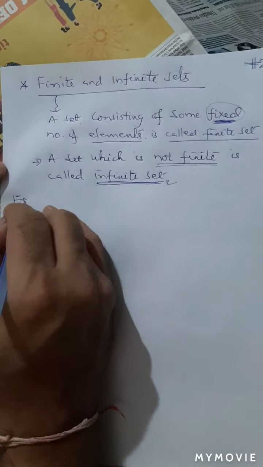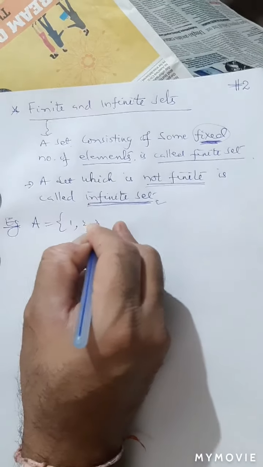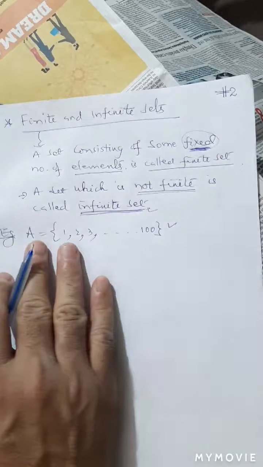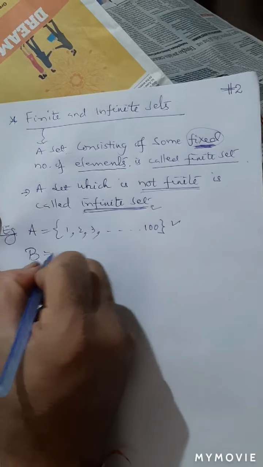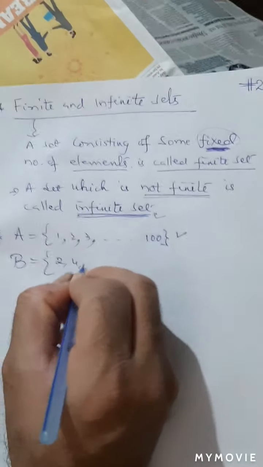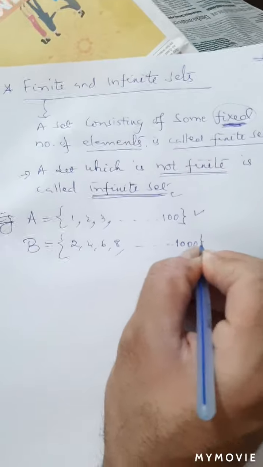For example, if I take A equals 1, 2, 3, and so on up to 100, this is a finite set. If I take B equals 2, 4, 6, 8, up to 1000, this is a finite set.